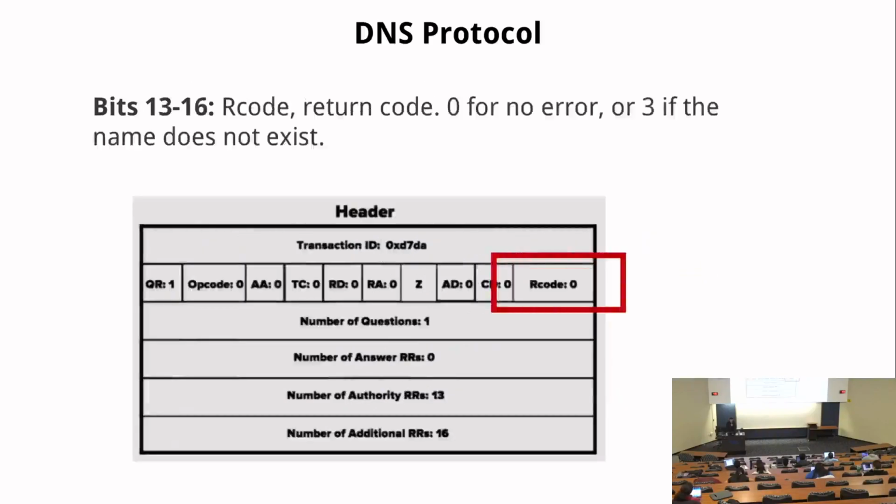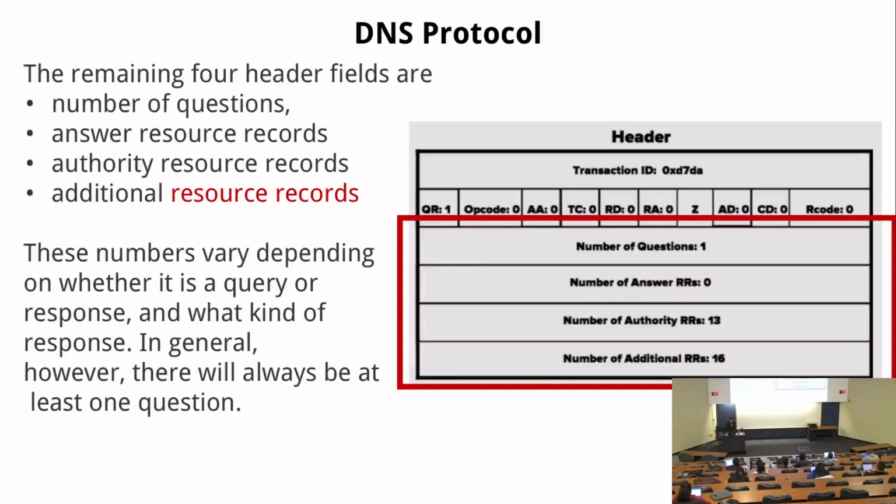Also, there are some reserved bits, obviously. Also, the return code: 0 means no error, maybe I will find the IP address for you, or 3 means the name doesn't exist. So the remaining 4 header fields are the number of questions, answer resource records, authority resource records, and additional resource records.